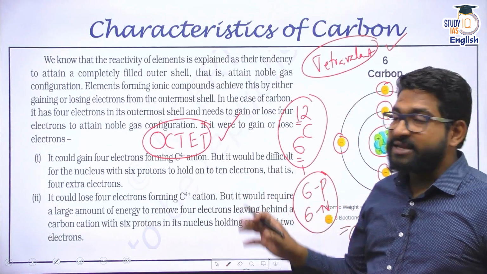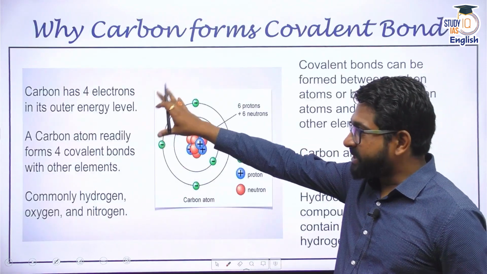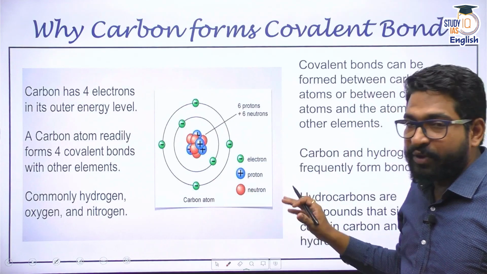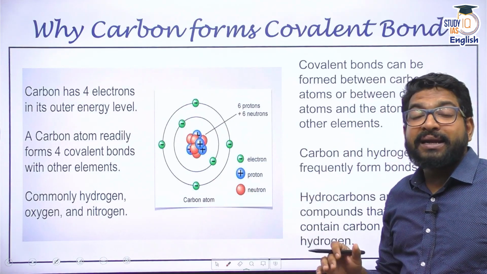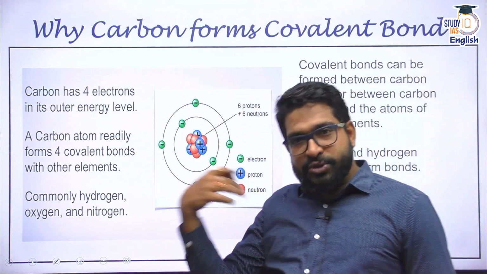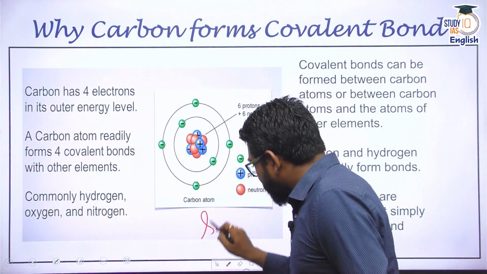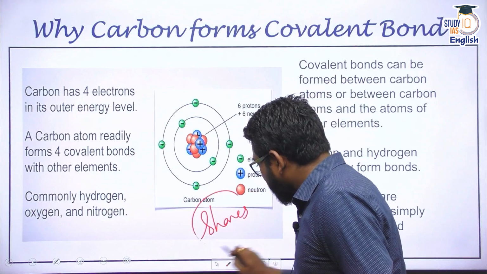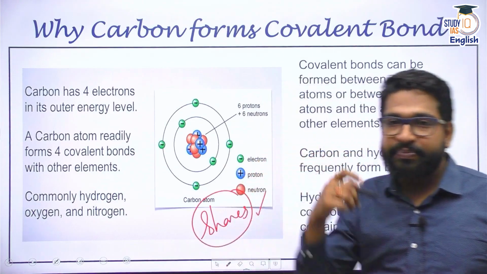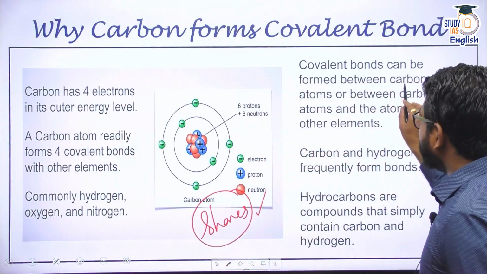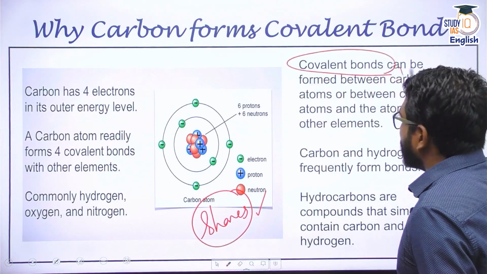Because of its tetravalency, what happens? Carbon, since it has 4 electrons in the outermost shell, does not lose electrons, or gain electrons, but it shares electrons. A very interesting characteristic of carbon. And when you share these electrons, it leads to formation of covalent bonding.